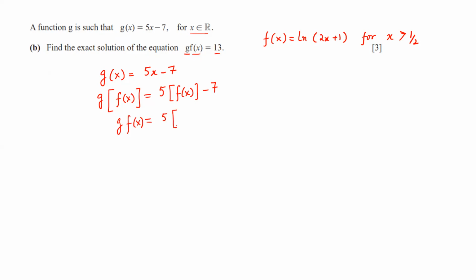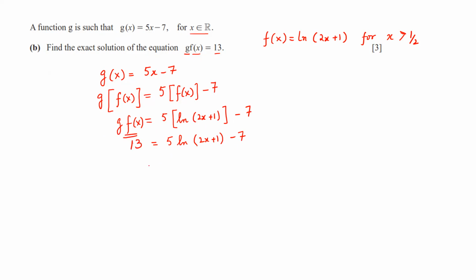And this becomes 5 of natural log of 2x plus 1, minus 7. So if we simplify it, it becomes 5 natural log of 2x plus 1 minus 7. And this value is given to us as equal to 13.